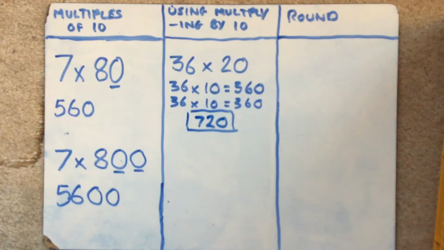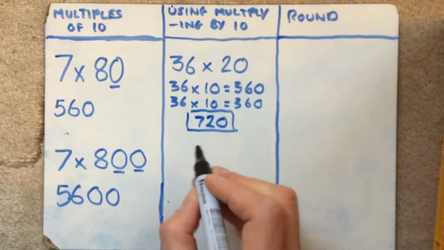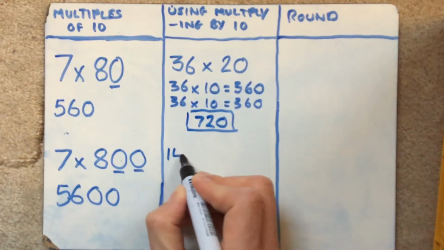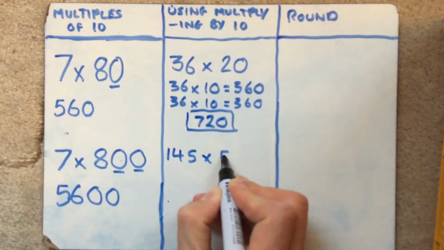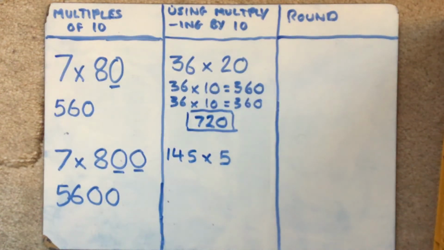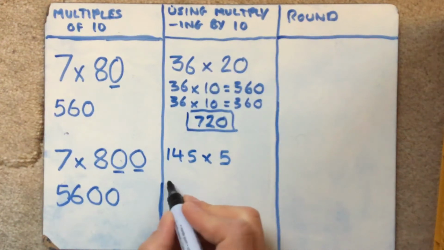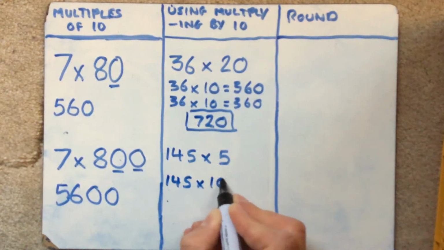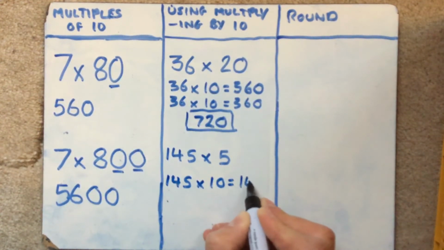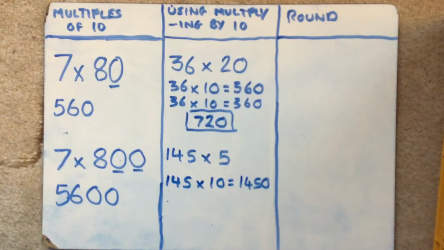Okay, let's look at another example where we use multiplying by 10, and it's a slightly different example. I've got 145 multiplied by 5. Well, 5 is half of 10 this time. So I can do 145 multiplied by 10, which I know is 1,450.